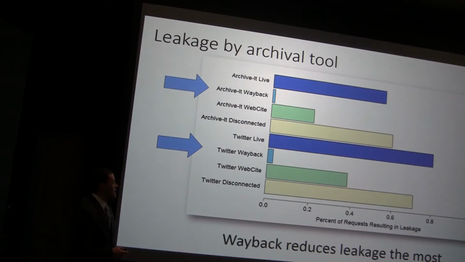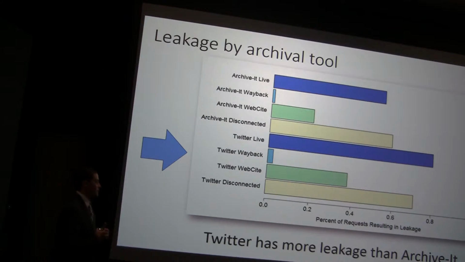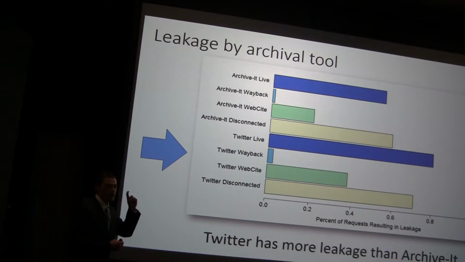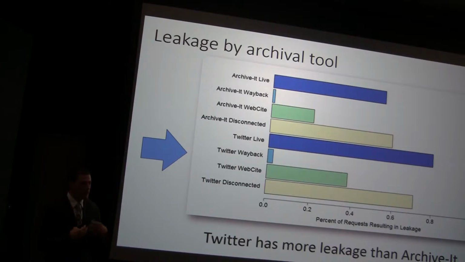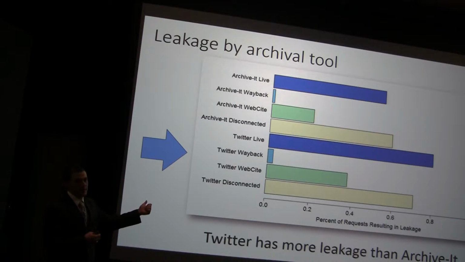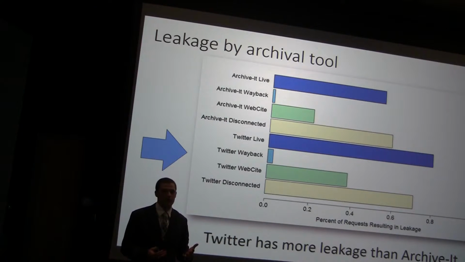So if we consider the performance of our collection as a whole, we showed that the Twitter data set that we had actually has more leakage when archived than does the Archive-It section. That could be from a couple of different reasons. It could be because the things that users want to share on social media are interactive and therefore more interesting, or it could be that Archive-It has more government-centered websites that traditionally avoid JavaScript.